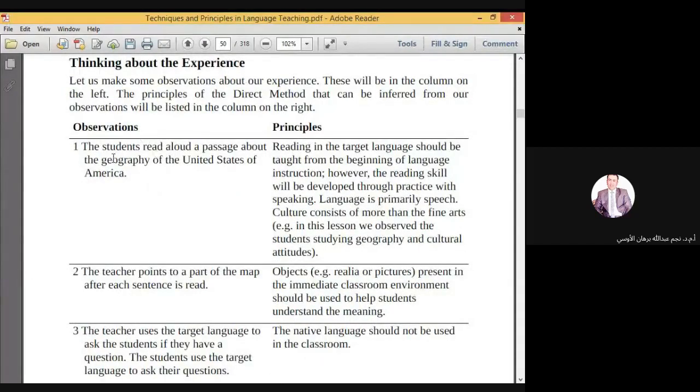In observations, the students read aloud a passage about the geography of the United States of America. What's the principle? Reading in the target language should be taught from the beginning of language instruction. However, the reading skills will be developed through practice with speaking.